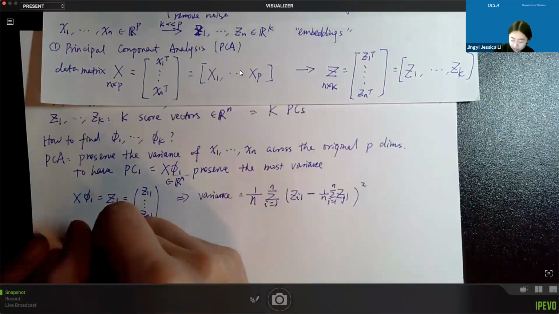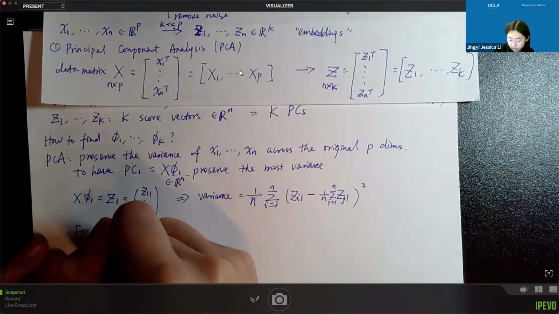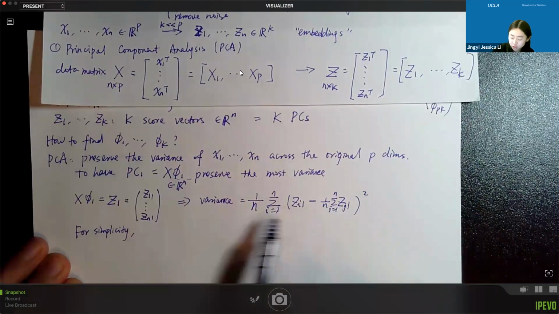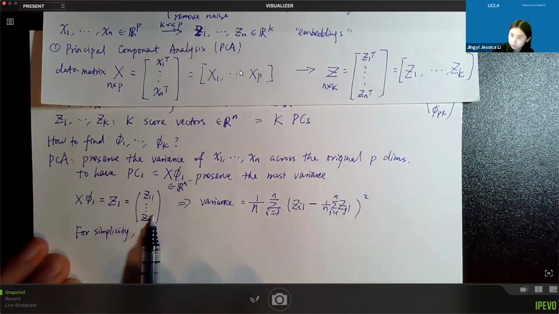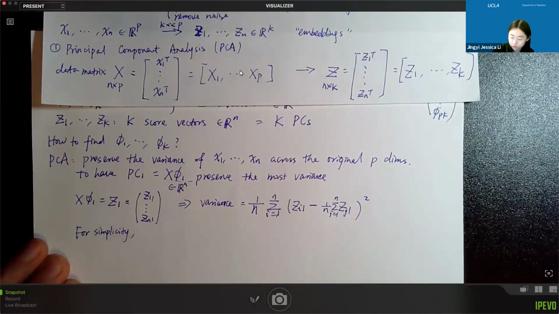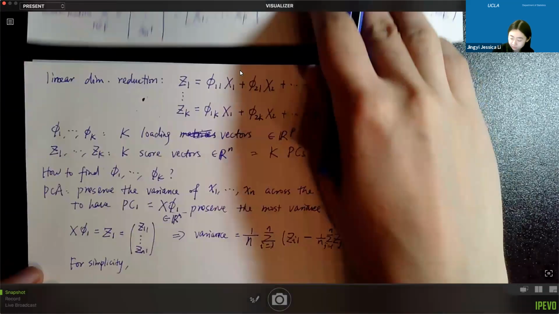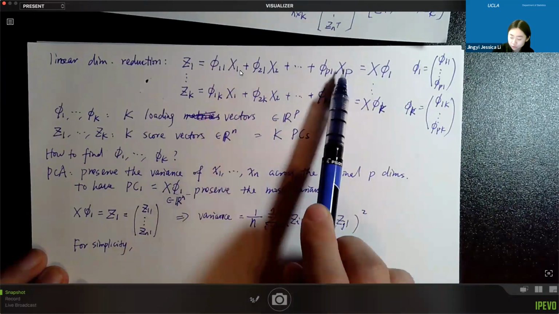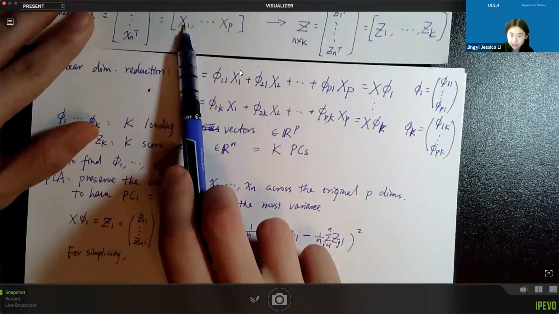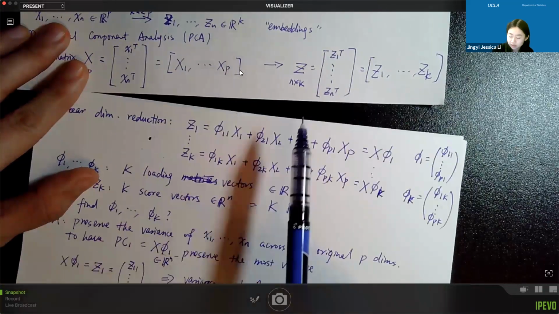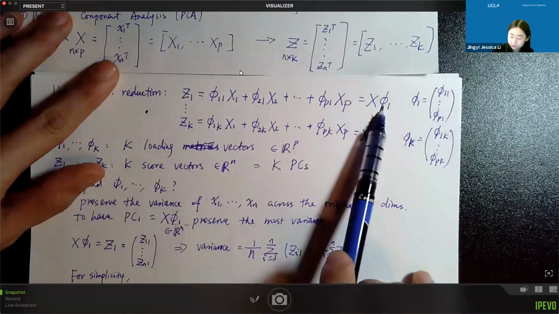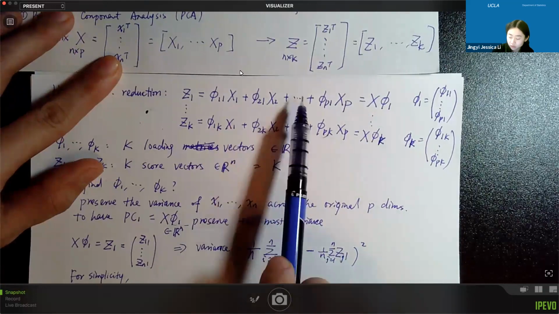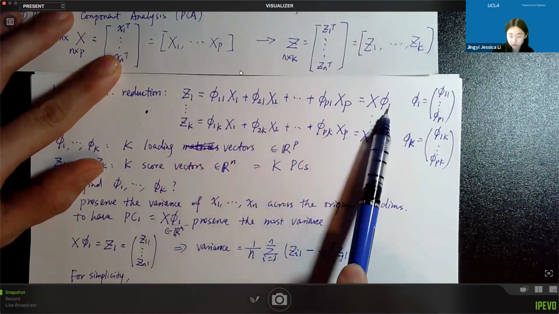And we know that with this center term here, it's a little complicated. So for simplicity, we just set the average of those to be equal to 0. This is equivalent to setting each column of my matrix X to have center 0, because as a linear combination, if each x1 to xp, each xj, has mean 0, then zi would directly have mean 0.